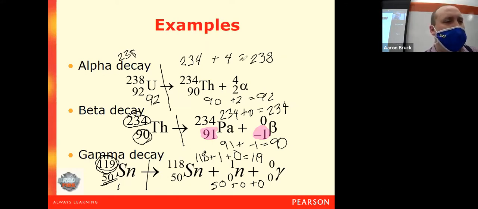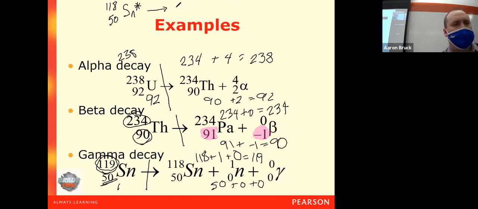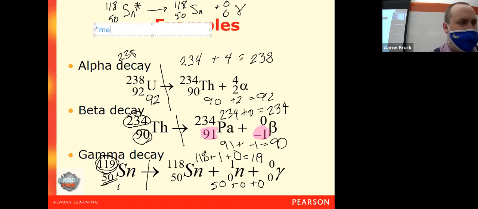Another kind of example, however, is where we can see something like this. This star indicates an element or a nuclide that is considered metastable.